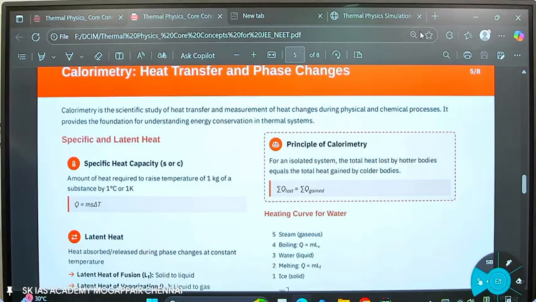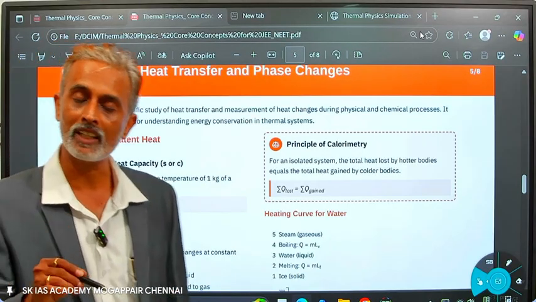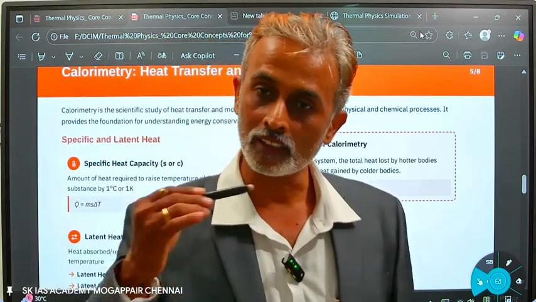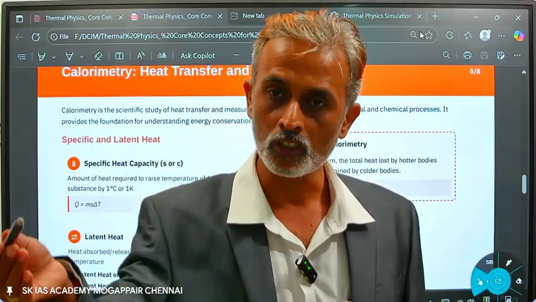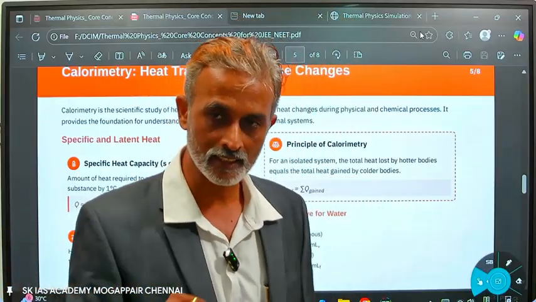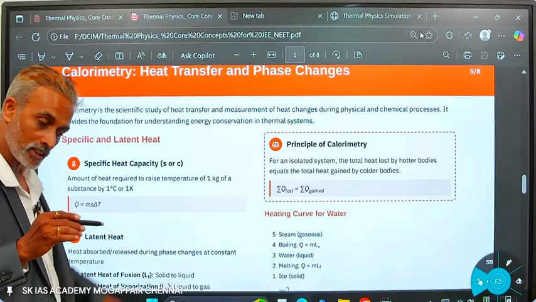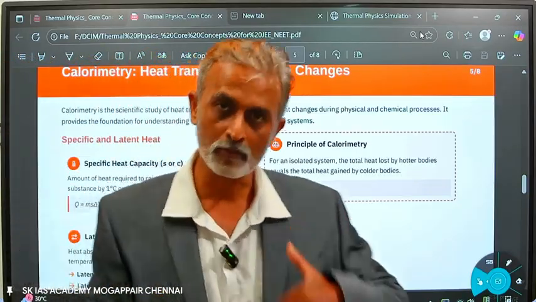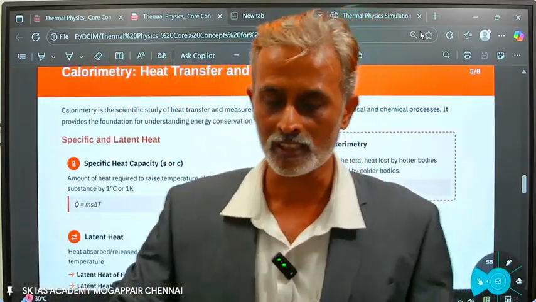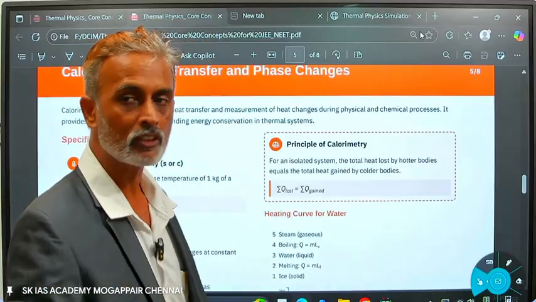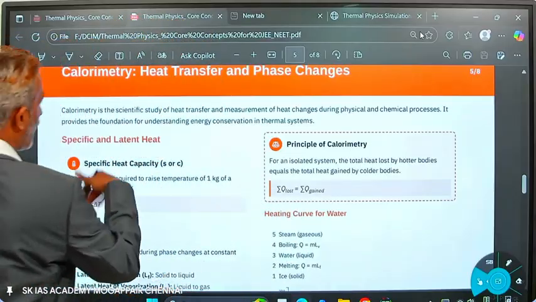Understand? What is meant by phase change? Solid converted to liquid, liquid converted to vapor. This is the phase change. And heat transfer: suppose heat is transferred from system to surrounding, or surrounding to system, we can say that is heat transfer.